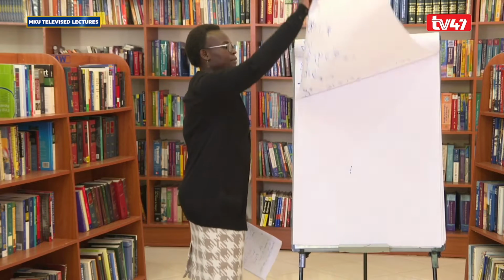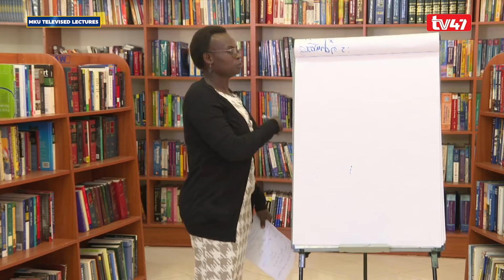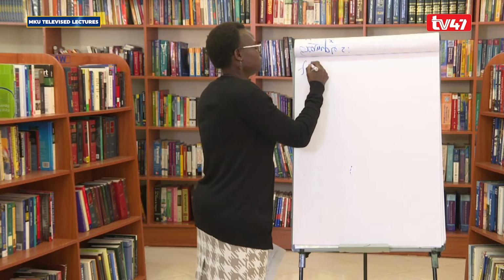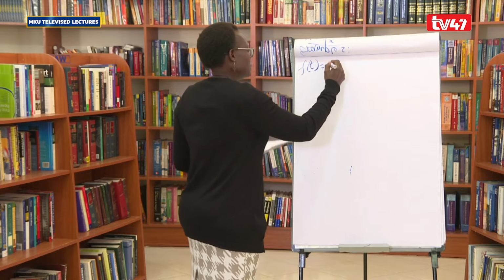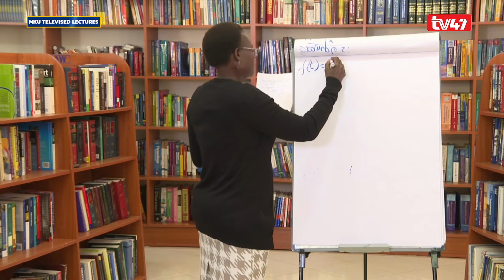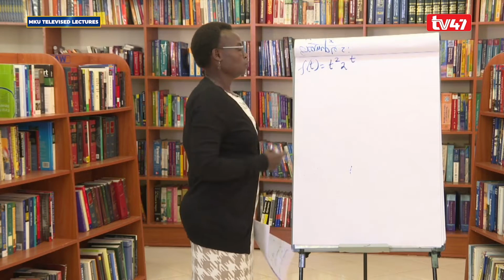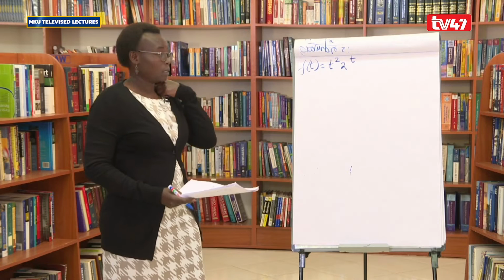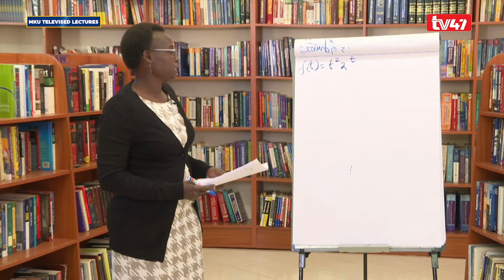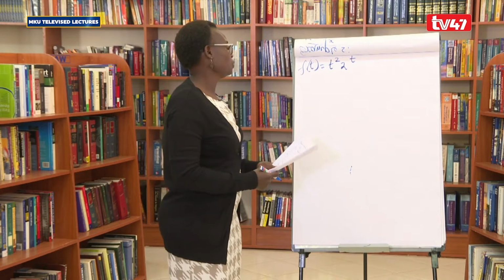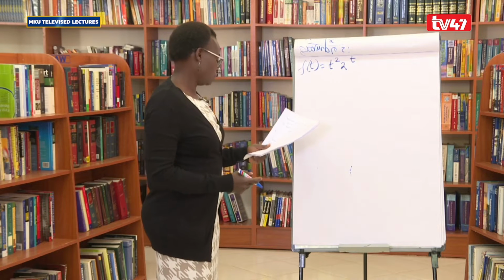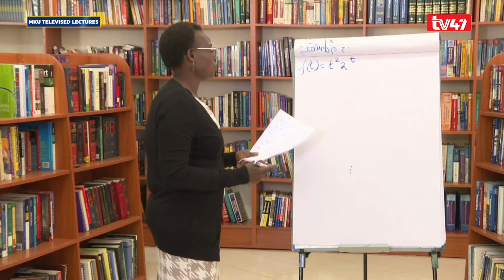We can write that again on this side where we have plenty of space. So we are saying f of t is t squared and then 2 to the t. So this is a product, t squared and 2 raised to power t. So we have to work it out that way.